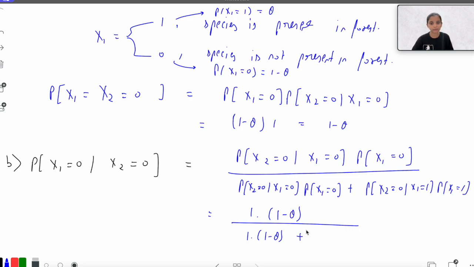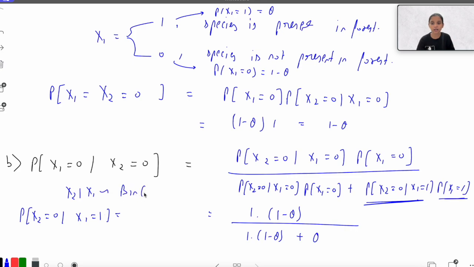So that will be probability of x1 is equal to 1, that is theta, and probability of x2 is equal to 0 given x1 is equal to 1. What will be that? Sorry, x2 is equal to 0 given x1 equal to 1. Now to calculate this, you have the distribution that x2 given x1 is following binomial n comma lambda x1.